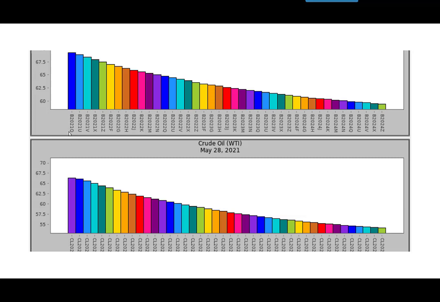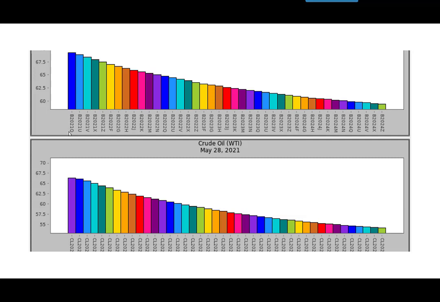So the futures contracts that are going to expire soon are on the far left, and on the far right is where there are futures contracts that are going to expire in a couple of years, in 2024.